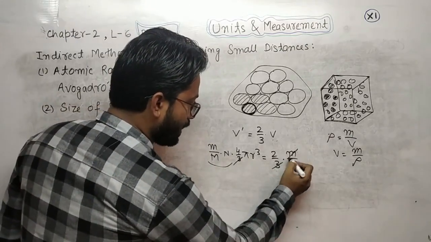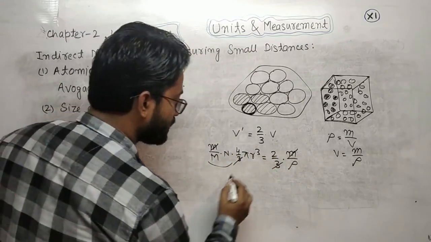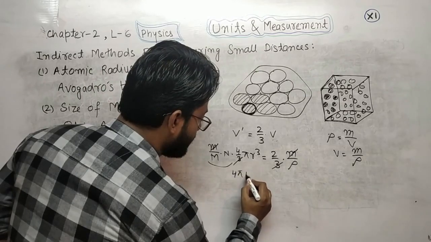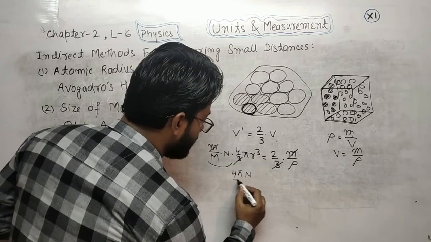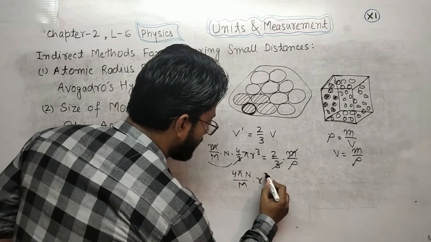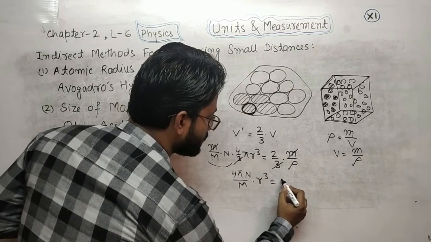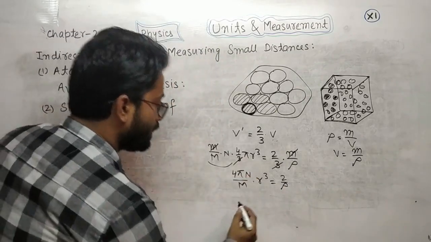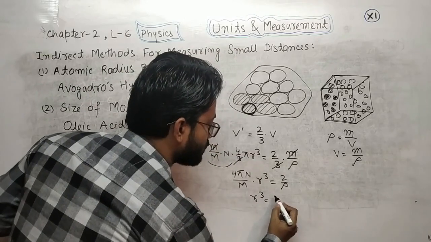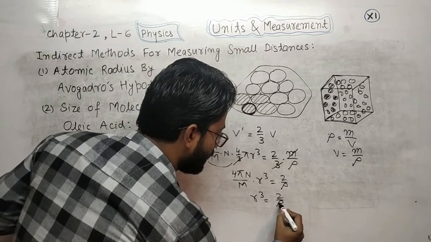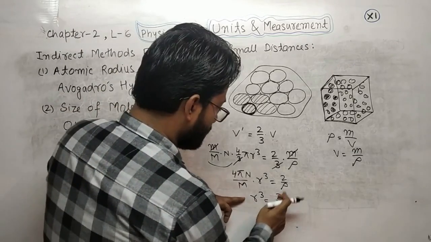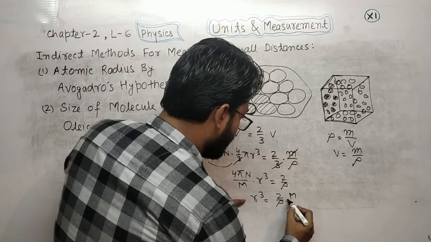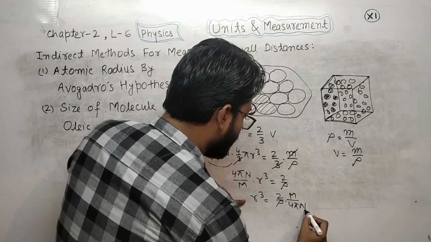The 3 and m will cancel out. This will be 4 pi N upon M times r cube is equal to 2 by rho. r cube will be equal to 2 by rho times M by 4 pi N.